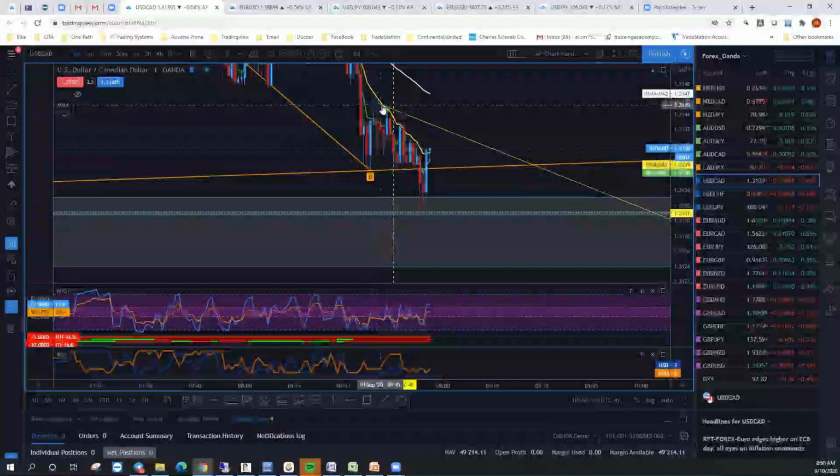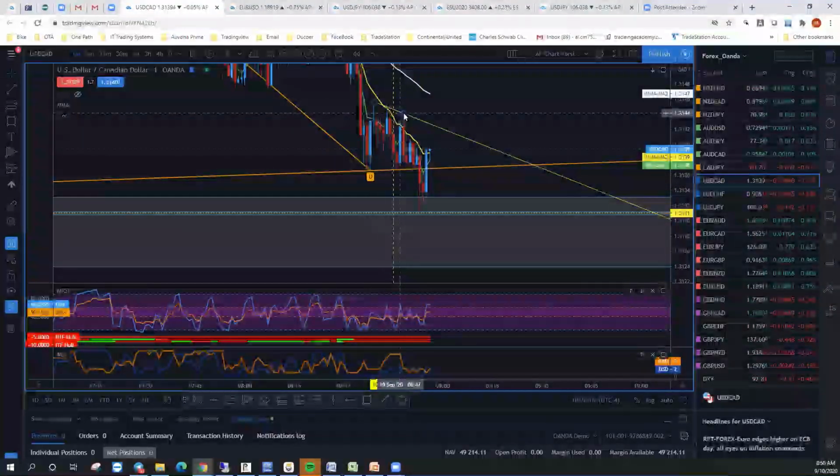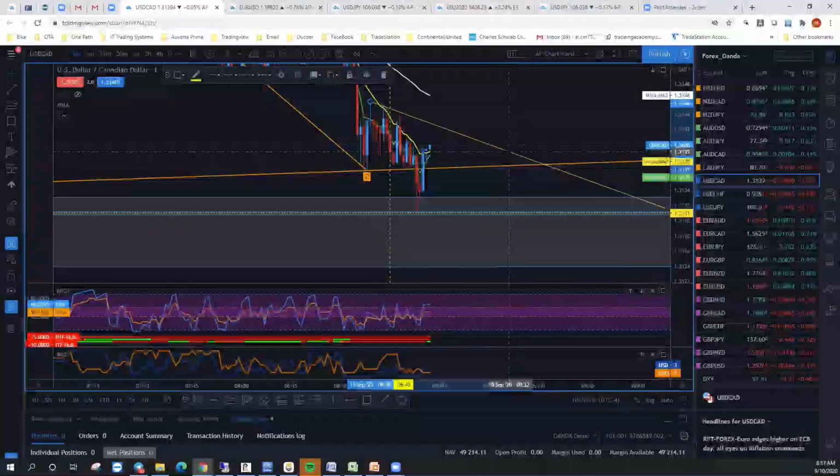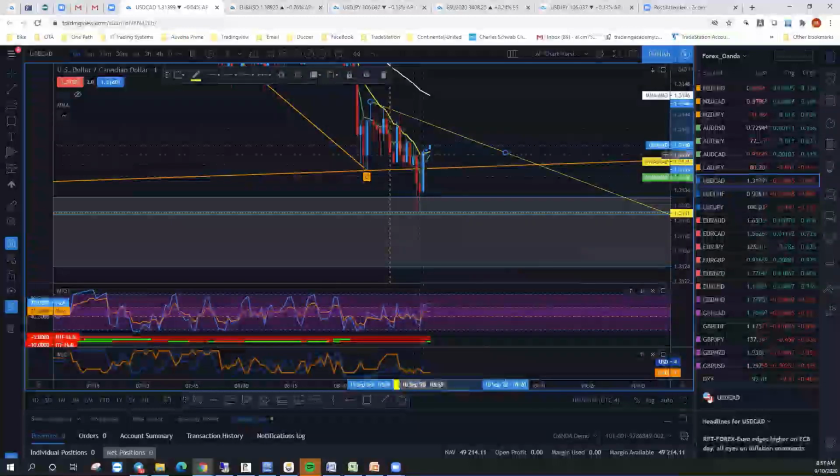So here's the anchor, here's the hit, here's a hit. So we have made 2 lower lows. And we're just going to see what it does. Again, the crossover of the moving averages. This white one is still going to be controlling up here.